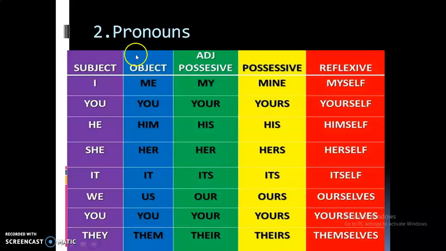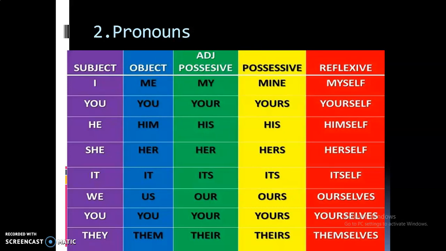Next, we have completed nouns, and now we are going to focus on pronouns. We are going to study pronouns. A pronoun is a word that is used instead of a noun or noun phrase.